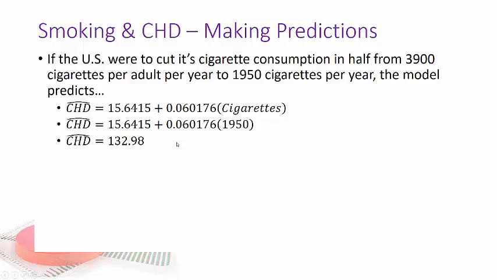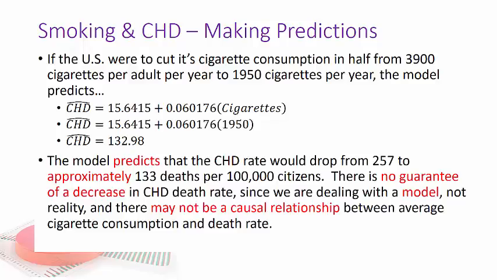Now, this is how you write this as a sentence, and you have to be kind of weaselly with your words because you don't want to commit to something you cannot guarantee. And if anything we learn in statistics, we can't guarantee much. So this is how you word it. The model predicts, notice it says predicts. It doesn't say that the CHD rate would drop.